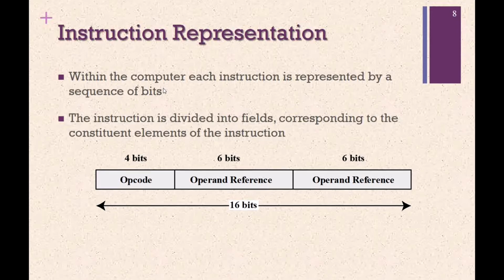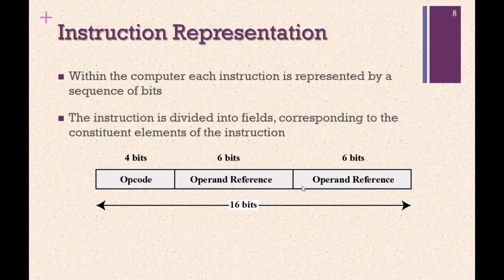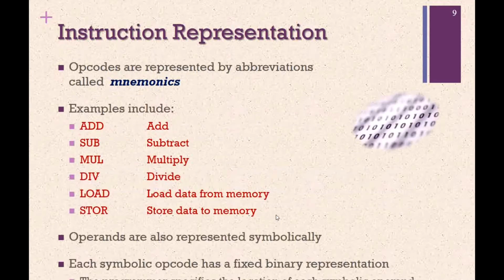The instruction is divided into fields corresponding to its constituent elements: the opcode is 4 bits and the operand reference is 6 bits, and it may also be 6 bits, so the total is 16 bits. We can say that it is a 16-bit processor.